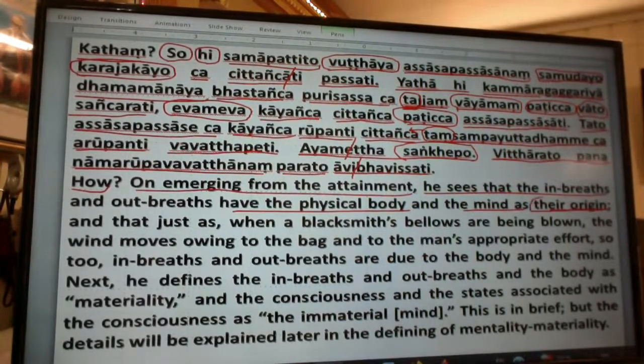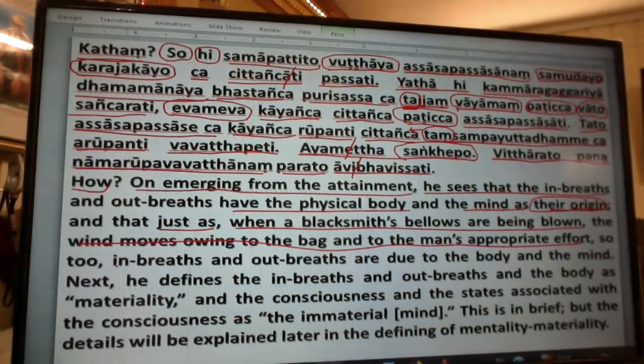Their origin means the cause, the main cause. Just as, for example, when a blacksmith's bellows are being blown, the wind moves in and out with the man's appropriate effort, the required effort he makes.